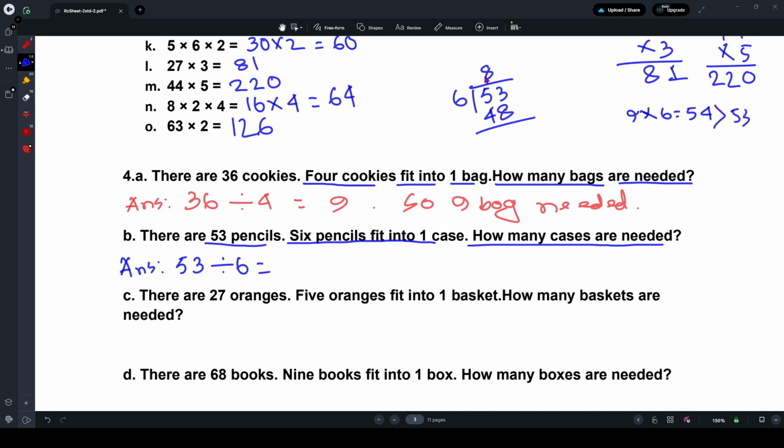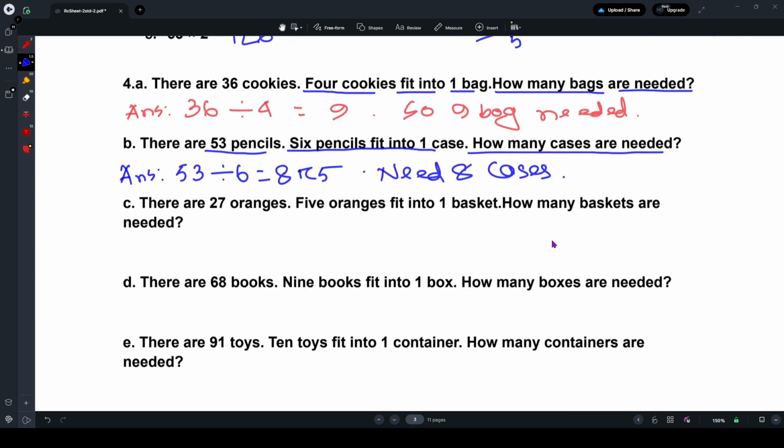So we cannot use 9, we should use 8. So here is a 5. So our answer is 8, remainder 5. Okay, so how many cases are needed? Need 8 cases.